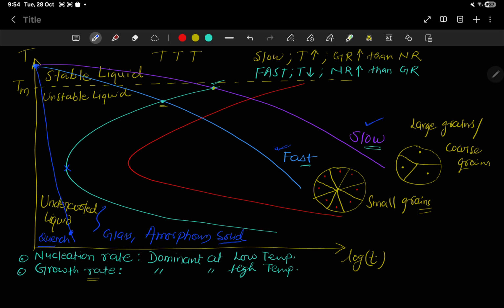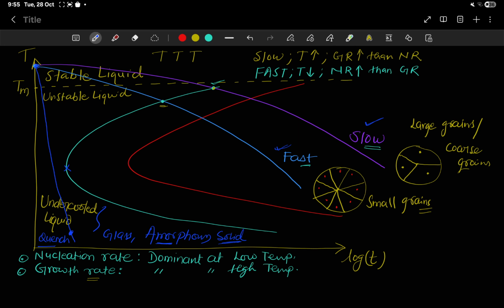So it will be an amorphous solid. In amorphous solid, we will get very short range microstructure, right? So this is all about microstructure evolution in TTT curve.